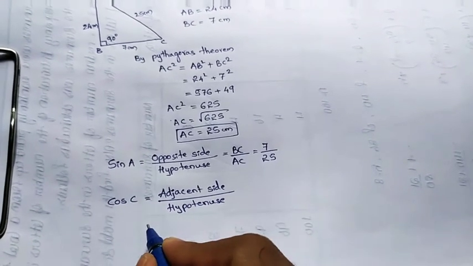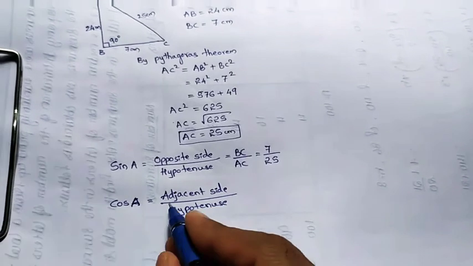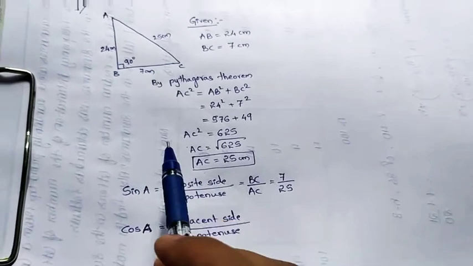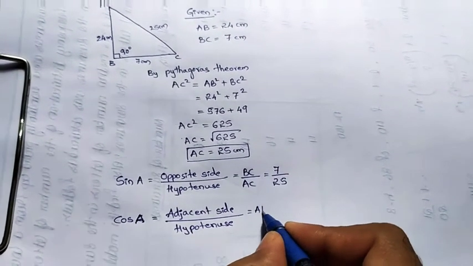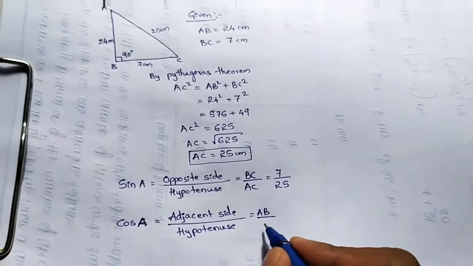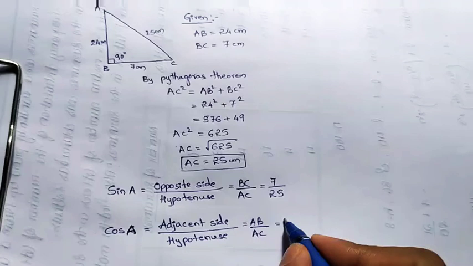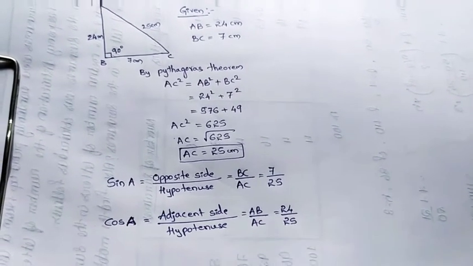What is the adjacent side for A? That is AB divided by AC. AB is 24 and AC is 25, so cos A is 24 by 25.